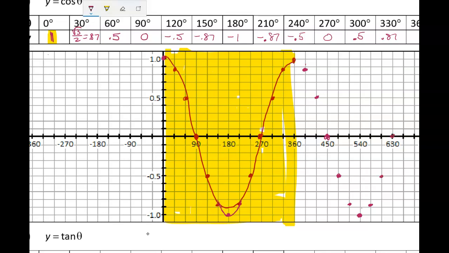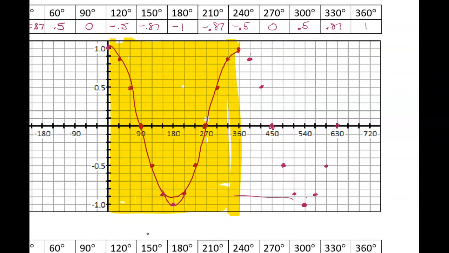So it's just repeating these same exact values over again. Let's scroll over just a little bit so that we can plot the rest of those points, and sketch in the rest of the cycle.